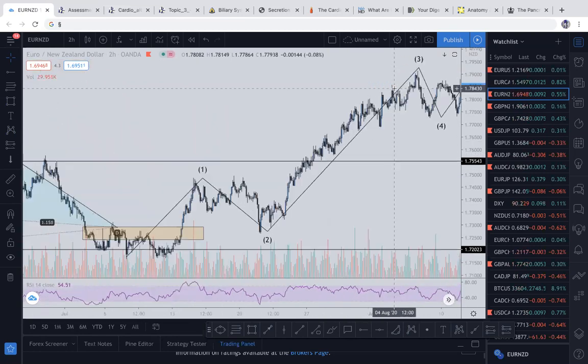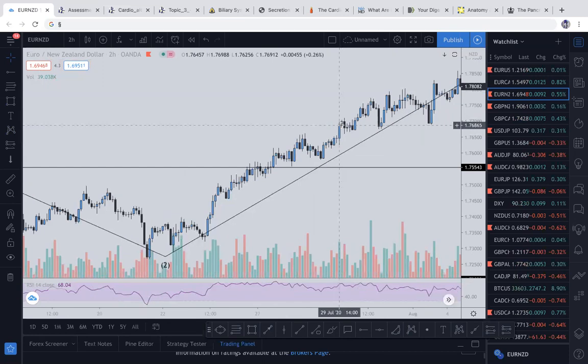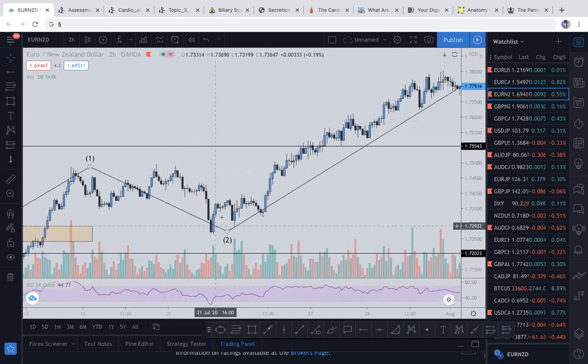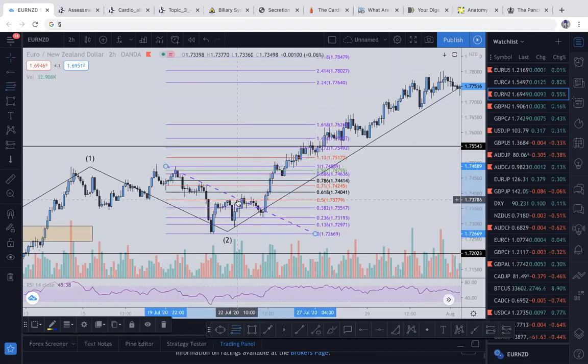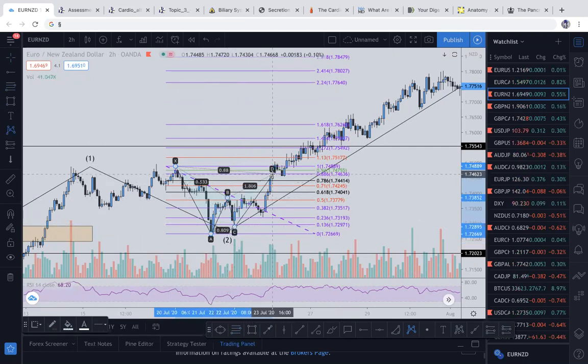Look at this area. You can say there was a harmonic pattern inside this area. If I should fib this area, see there? Yes, it was a bat pattern, right? X to A to B, B to C, C to D, 88.6.